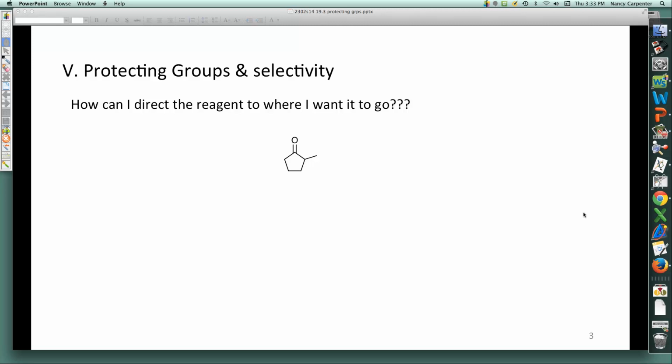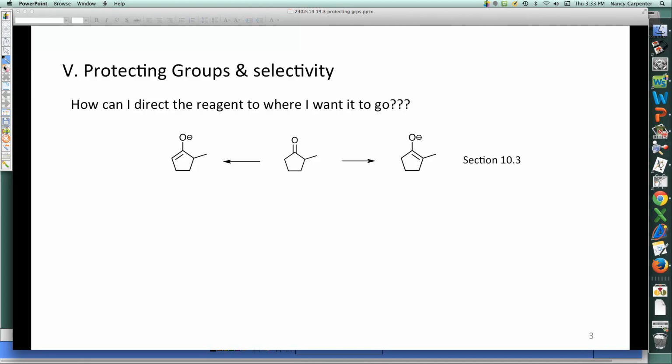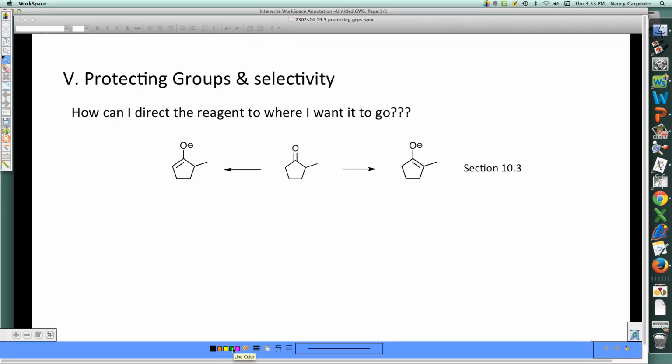Say, for example, we have this cyclopentanone. We can carefully control, by judicious choice of reagents and conditions, whether we make the kinetic enolate or the thermodynamic enolate. This was introduced in section 10.3. This is our kinetic enolate, and this is the thermodynamic.